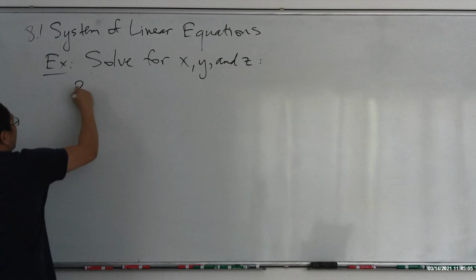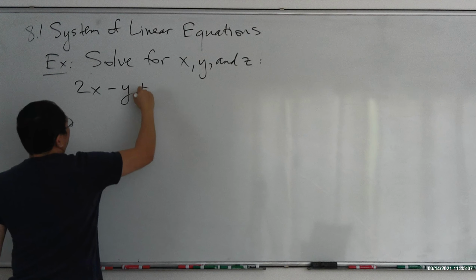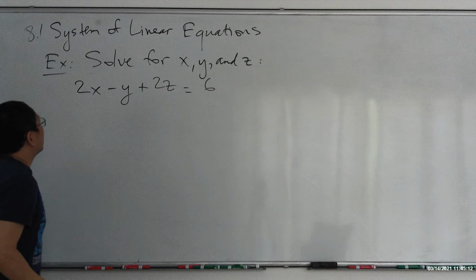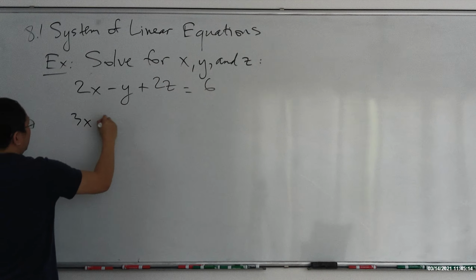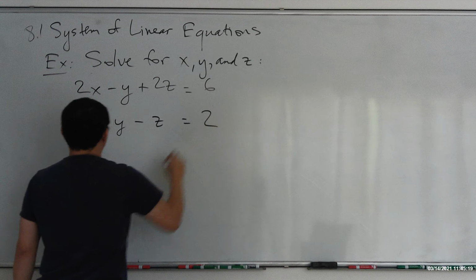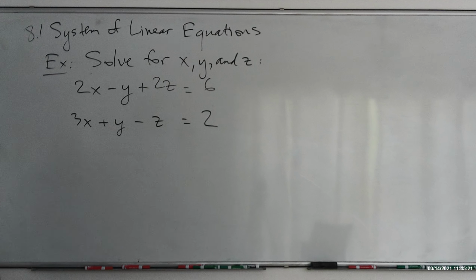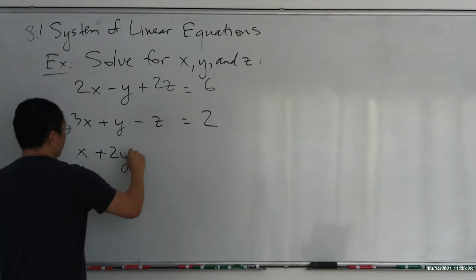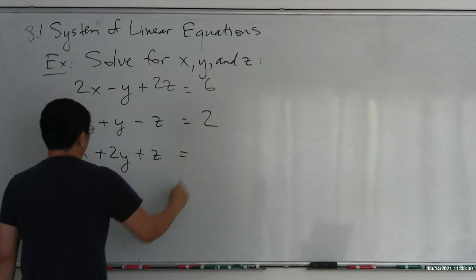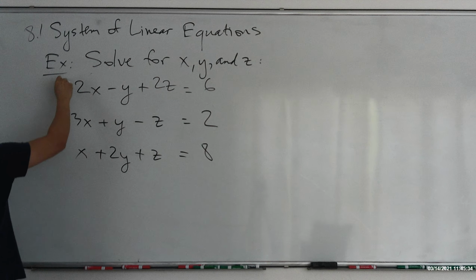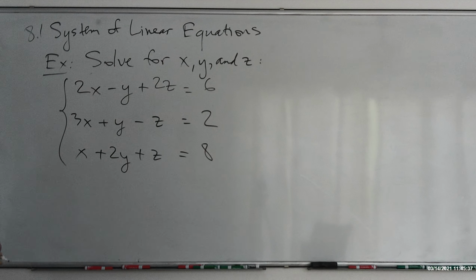How about this? 2x minus y plus 2z equal to 6. How about 3x plus y minus z equal to 2. Okay. And then how about x plus 2y plus z is equal to 8. Okay? Solve a system of 3 linear equations with 3 unknowns.